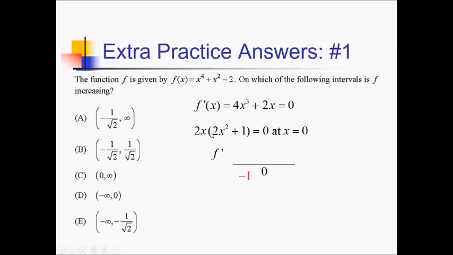If I plug -1 into 2x, that's going to come out negative. And then if I take a number more than 0, like 1, and plug that into 2x, that comes out positive. So I see that I'm increasing, which is what I'm looking for, on where f prime is positive. So that's going to be 0 to infinity. And that's going to end up being answer choice C.